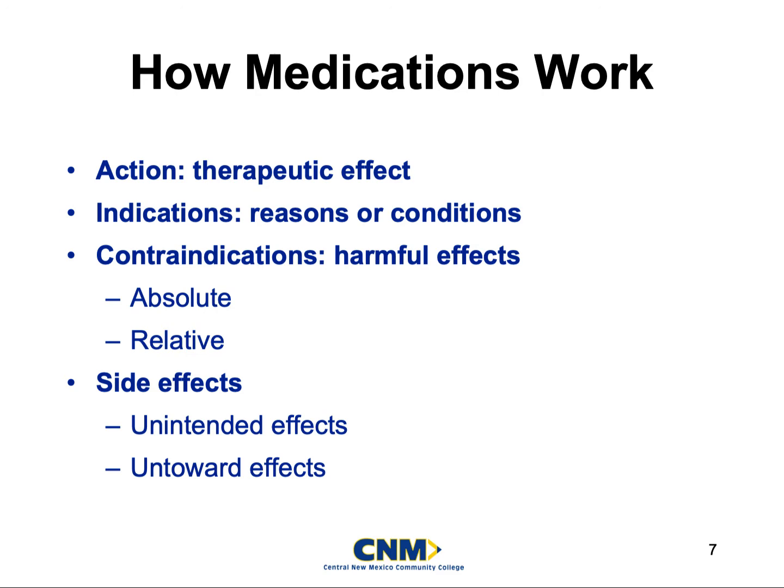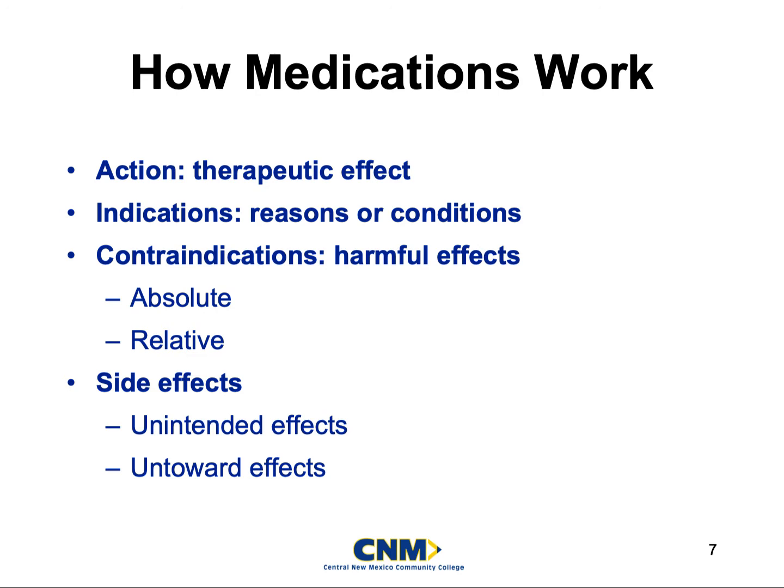Contraindications. Contraindications are similar to allergies, or like if a patient has allergies to penicillin, that would be a contraindication. It's going to produce some kind of harmful effect to our patient. We have absolute contraindications, such as an allergy to that medication.